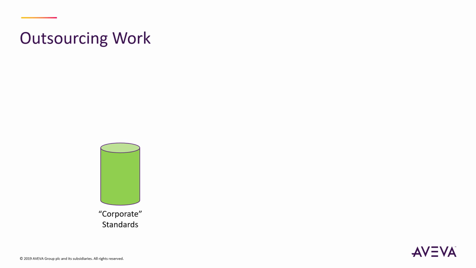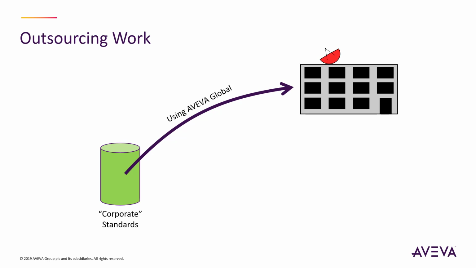It goes the other way too. Say, for example, you wanted to outsource work, say using AVEVA Global, you can send them your corporate standards, they can work with it. And using some of the database setup, for example, you can even tell that database to expire at the end of the project.